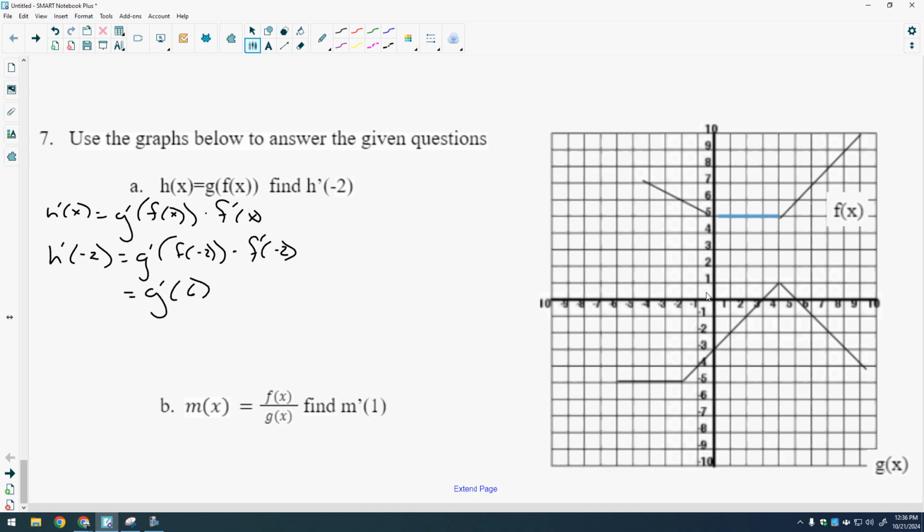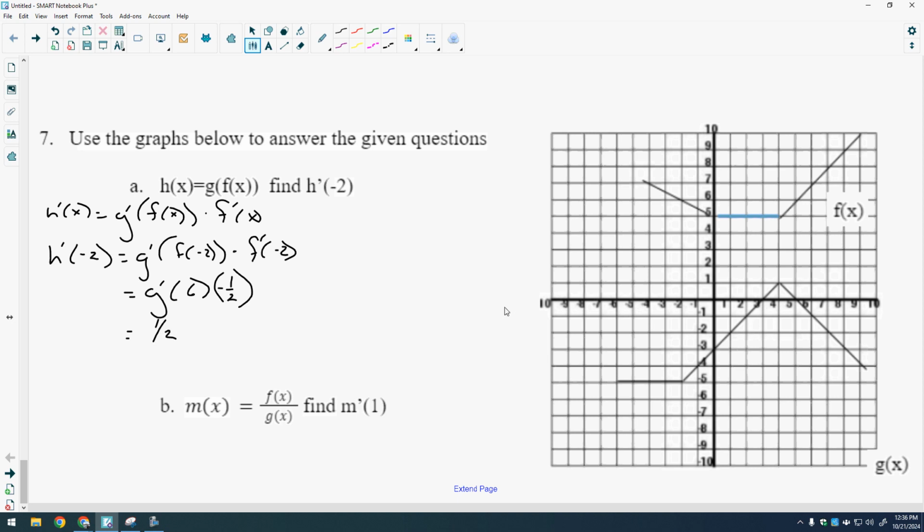F prime of negative 2 looks like my slope is down 1 over 2, so this is a negative 1/2. G prime of 6, here's 6. G prime looks like a negative 1, down 1 over 1. So a negative 1 times a negative 1/2 would be 1/2.